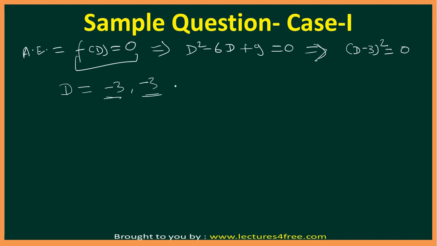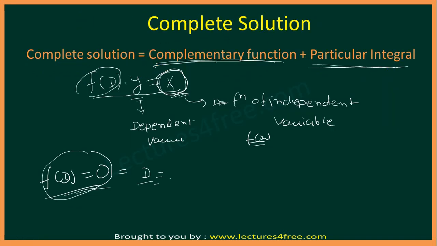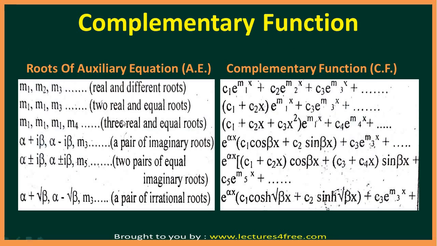So what will our complementary function be when we get two real and equal roots? Let's see this slide. When we get two real and equal roots, like here we are getting m1 and m1, then our complementary function will be c1 plus c2x into e to the power m1x.